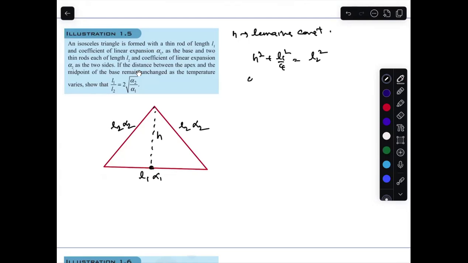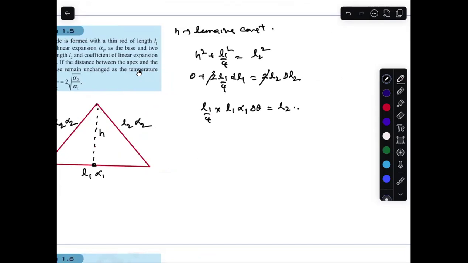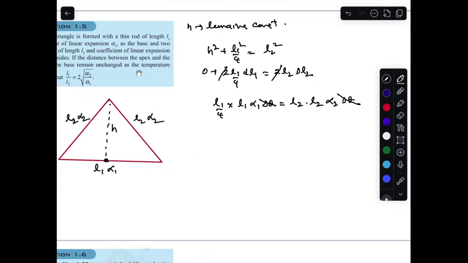Differentiation, 0. 2L1 by 4 delta L1 equals 2L2 delta L2. 2 cancel. L1 by 4 times L1 alpha 1 delta theta is equal to L2 times L2 alpha 2 delta theta. Any doubts? So finally, L1 square alpha 1 is 4 L2 square alpha 2.